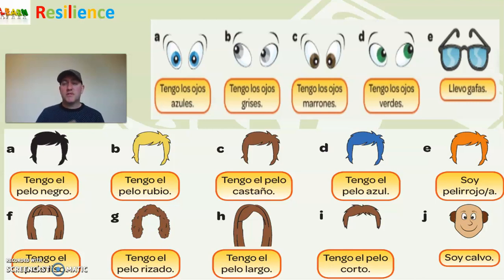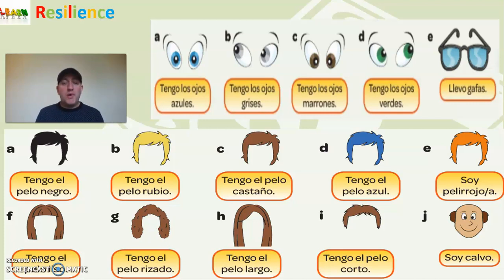I'm going to give you a second to say it out loud for yourself. You're going to have to be quite self-congratulatory here. I can't give you any props or shout outs, but you can have the satisfaction of knowing that you were correct. So the difference between marrón and castaño: you only use marrón for your eyes. Castaño is chestnut, and if you said that already, then well done.